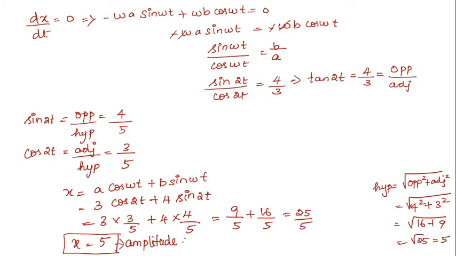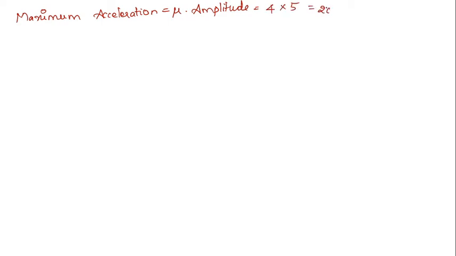Okay. Next we are going to find the maximum acceleration and maximum velocity. Maximum acceleration is mu into amplitude. That is, mu is 4 because root mu is 2, so mu is 4 and your amplitude is 5, so it will be 20.